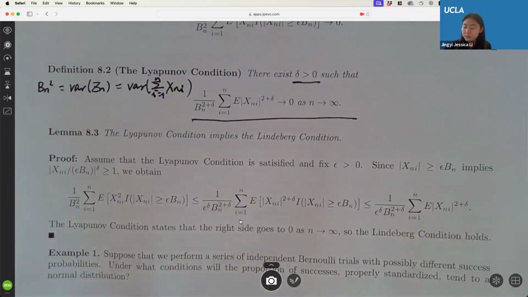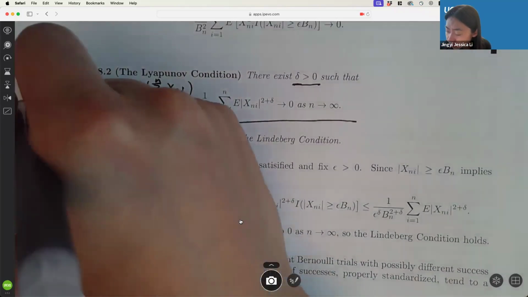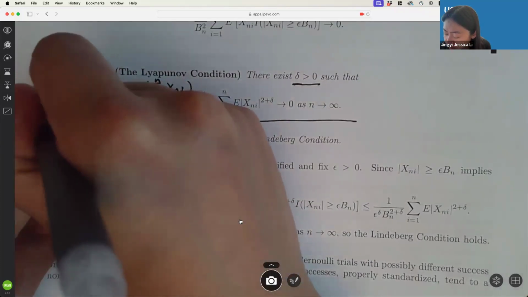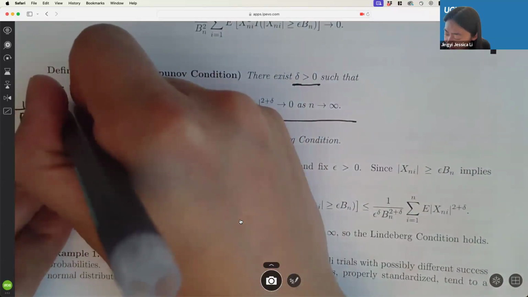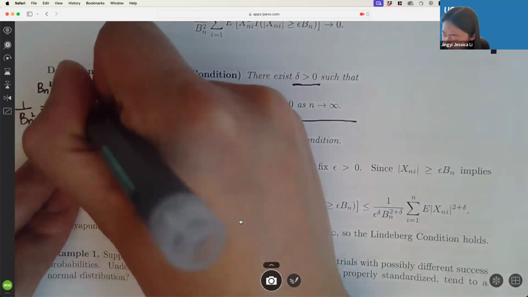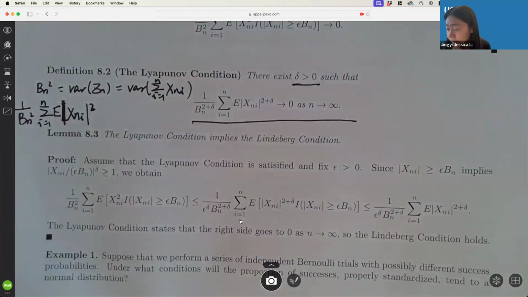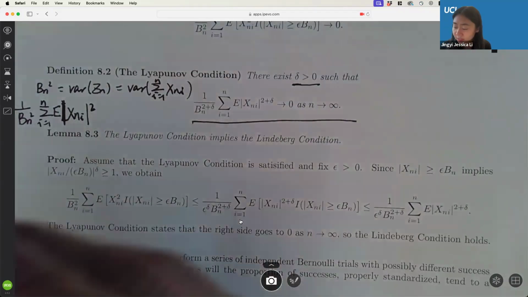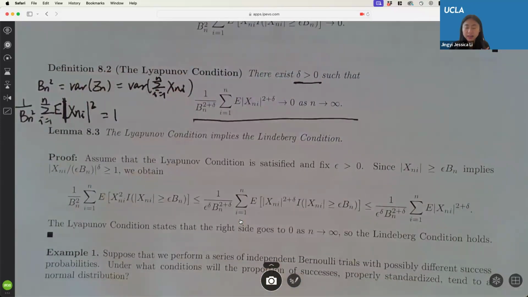So let's look at here: 1 over Bn squared, sum of the expectation of xni squared, or in this case I can put absolute value, it doesn't matter because it's squared, i from 1 to n. This is equal to 1. This is what we know by definition, because xni has mean 0, so the expectation of xni squared is just the variance of xni.